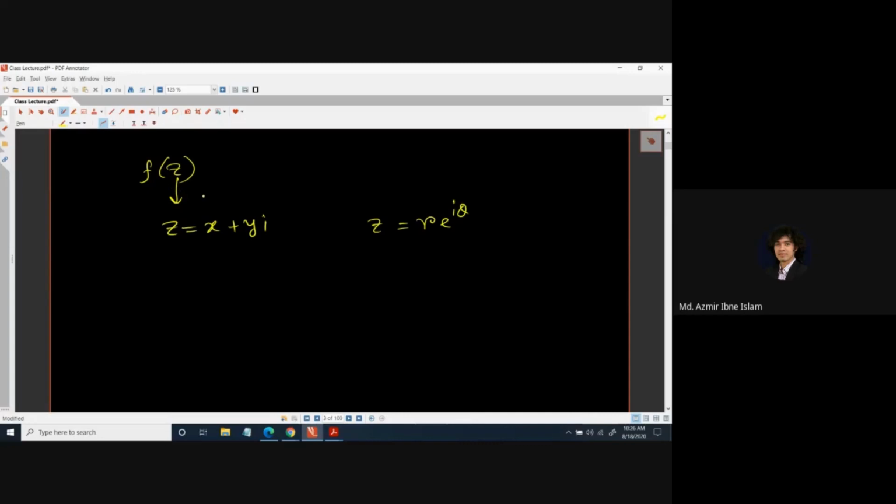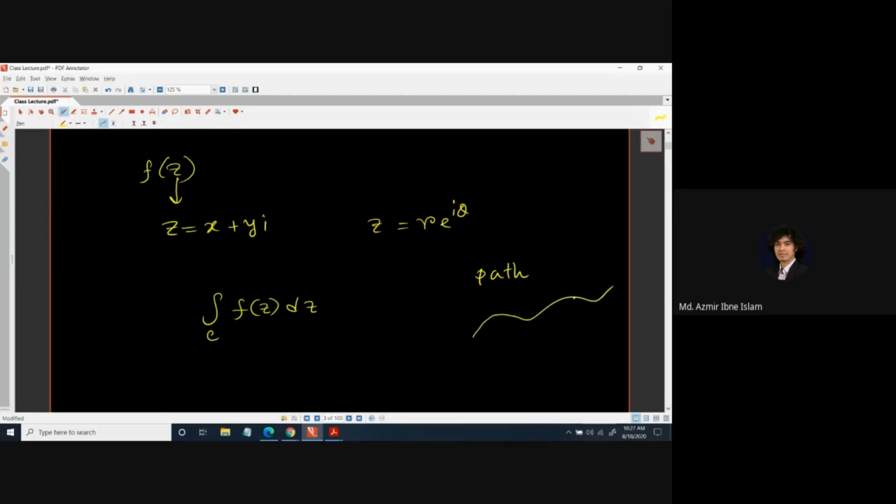So if we have a complex valued function and we are targeting to evaluate the integral of this function f of z over a path, this path is written as c. Okay, so we are going to evaluate the integral over a path.